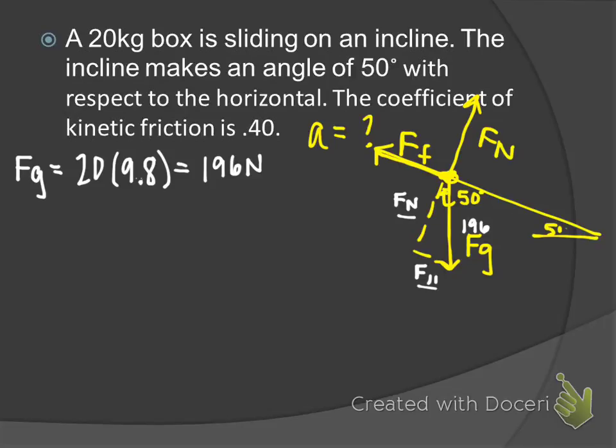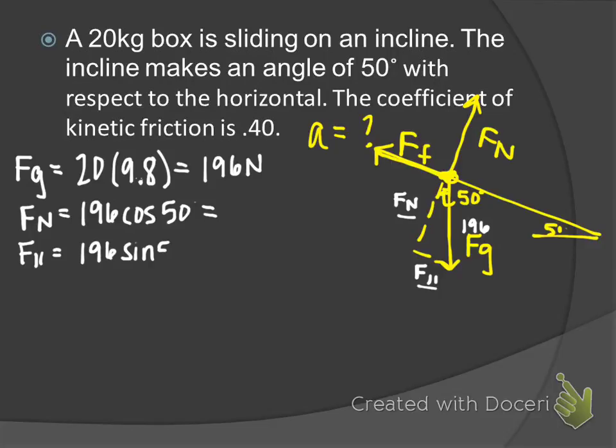So to solve for the normal force, I'm going to use cosine. And for the parallel force, I will use sine. Are we at least pretty comfortable with solving for those two components, normal and parallel? Okay.